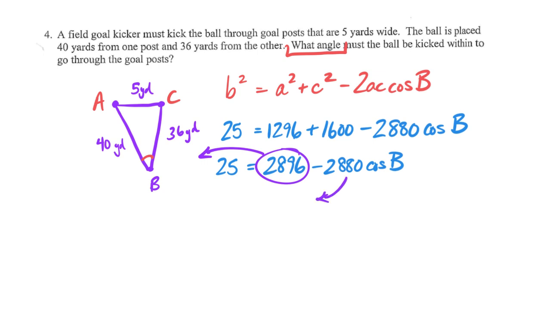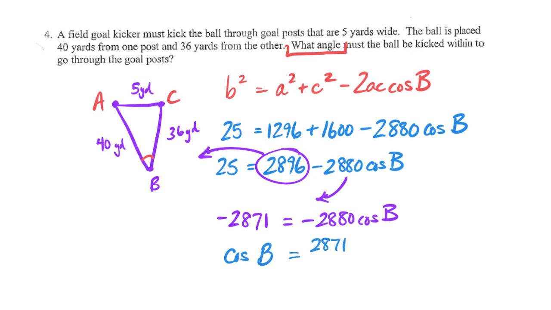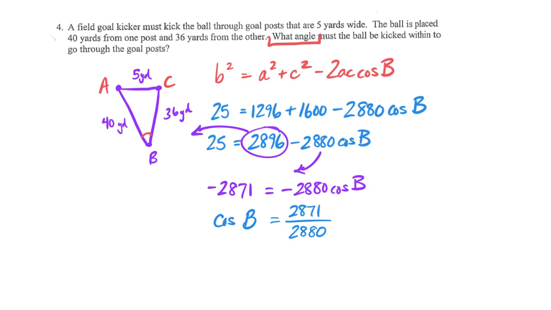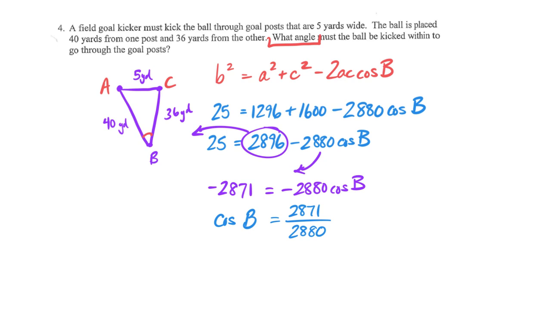Then we might be able to come in pretty quickly on, well, 25 minus 2,896 is, and you may choose to put this purple line in of negative 2,871 equals negative 2,880 cos B. But then when you see you're going to divide out that negative, really it just becomes a positive. So I will have a bunch of people that like to jump to cos B equals 2,871 divided by 2,880. Okay, there is the exact value of cos B.